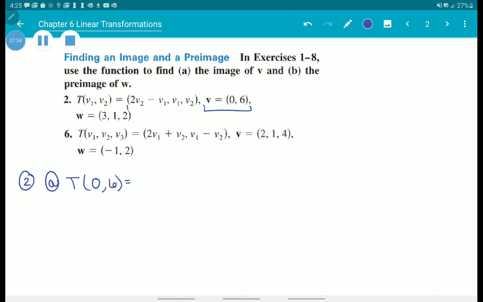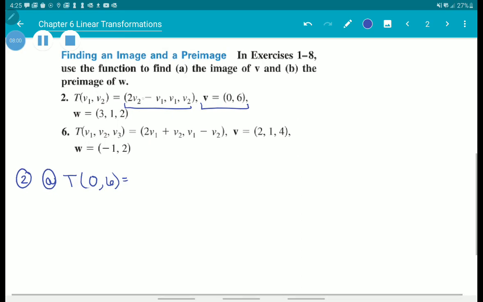Well, under this transformation, I'm taking something that's in R2 and I'm going to something that's in R3. So that first component is going to be 2 times V2 minus V1.